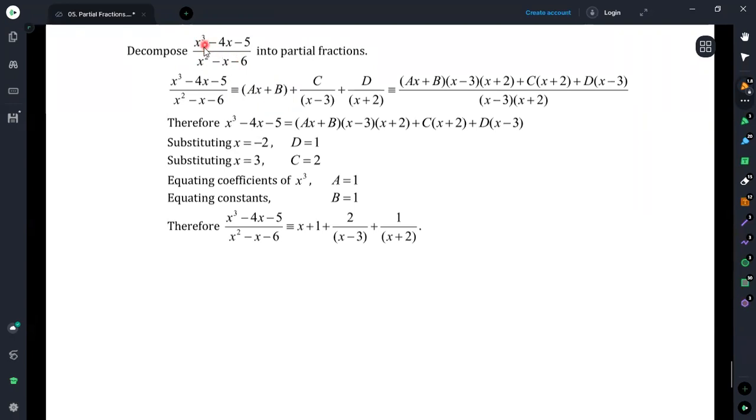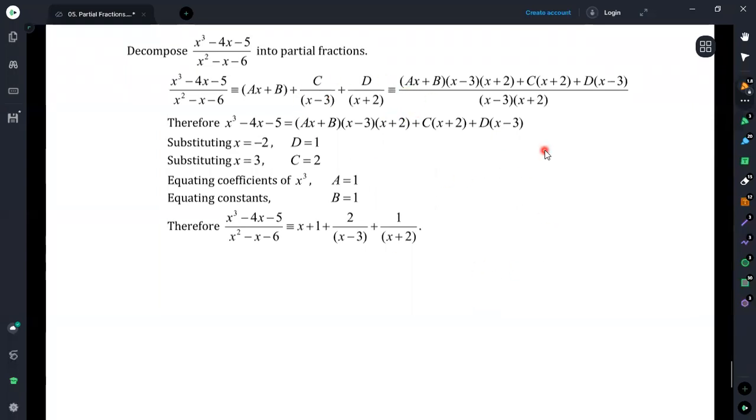Since it is greater by only 1, instead of using a constant, we have to use a linear form. Therefore, you can refer to this calculation for decomposing an improper algebraic fraction into partial fractions if the degree of the numerator is 1 greater than the degree of the denominator.